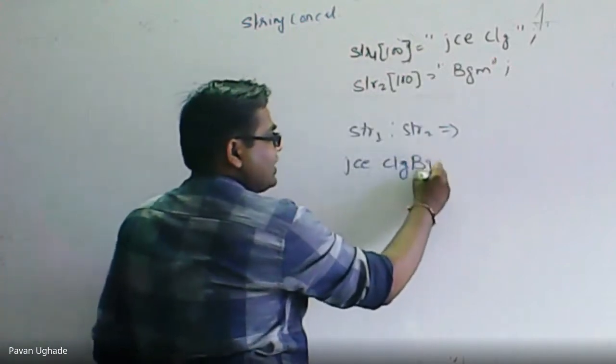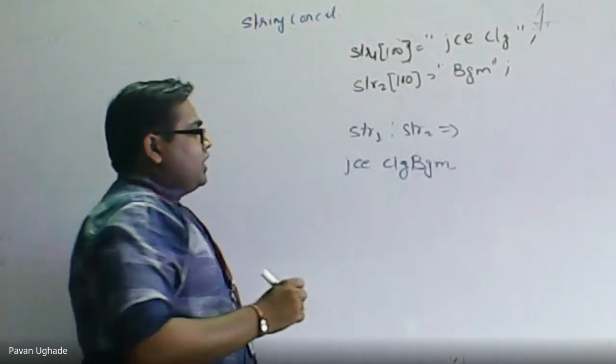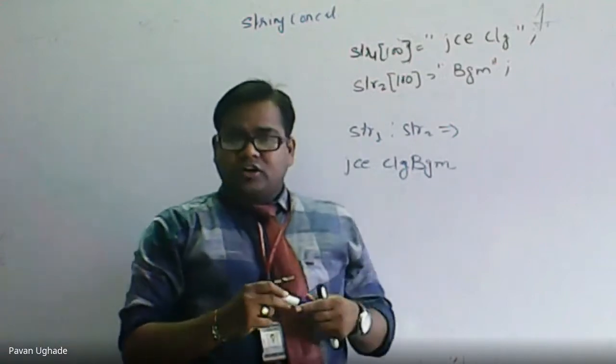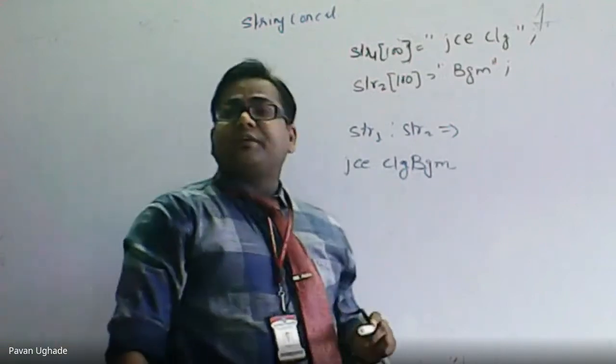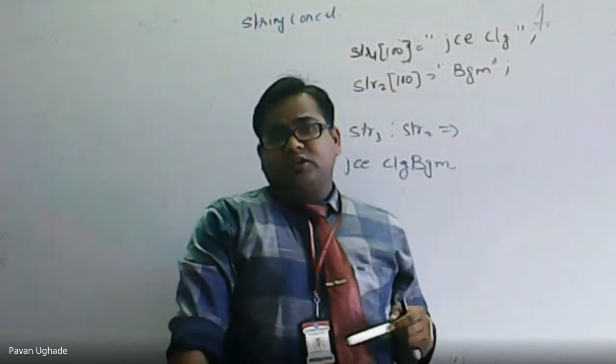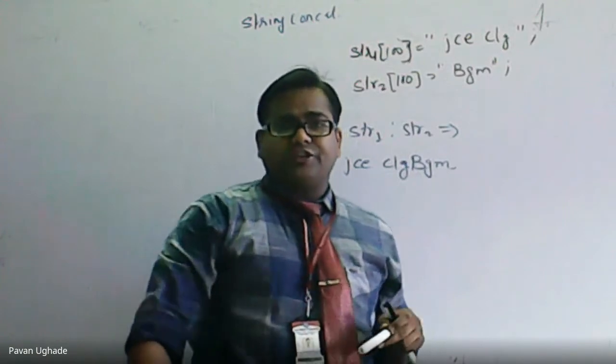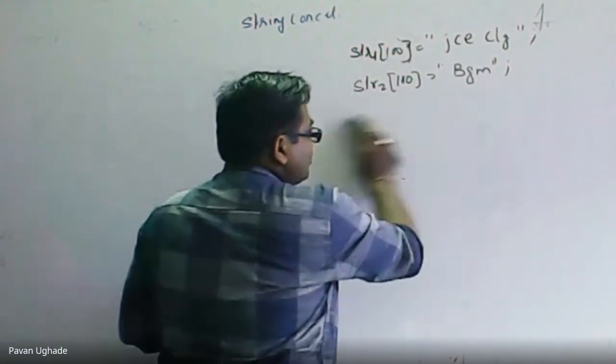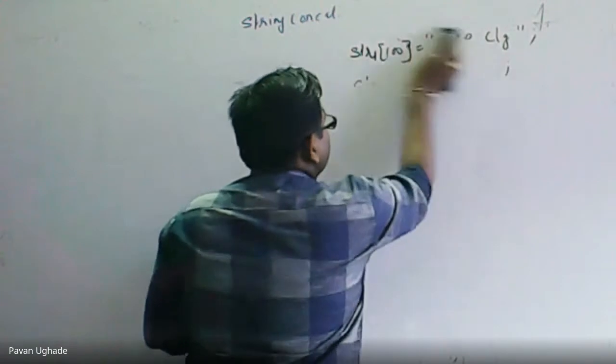This is how concatenation works. Now, how do we write a program for this, and what is the inbuilt function for it? We'll see that in today's session. I hope you understood the basic string concatenation.